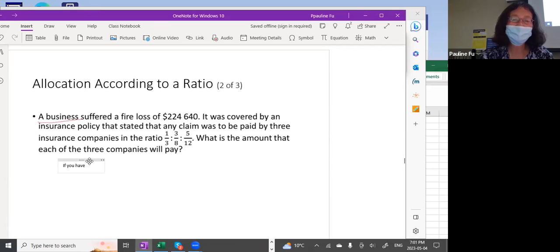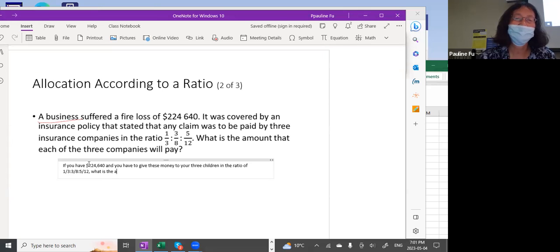This question is the same as something like that. If you have this amount of money and you want to give this money to your 3 children in the ratio of 1/3, 3/8, 5/12, what is the amount that each child will receive?